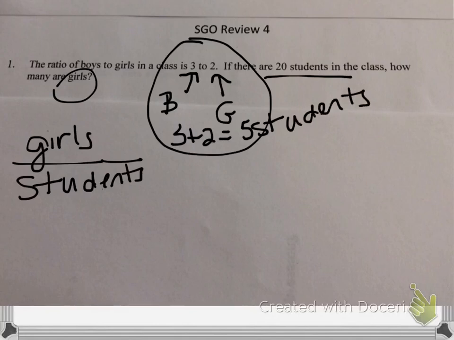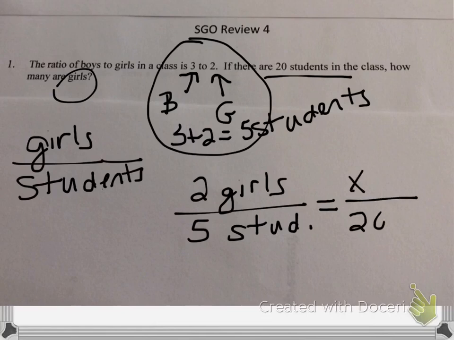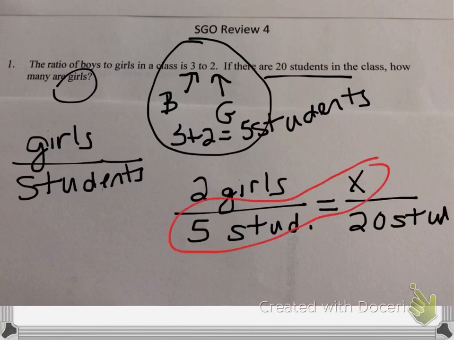So we have 2 girls over 5 students equals X girls over 20 students. Okay, cross product property, 5 times X is 5X, oops, and we could have used the multiplication method, that would have been easier.